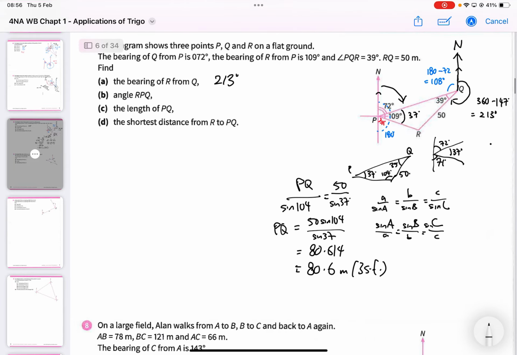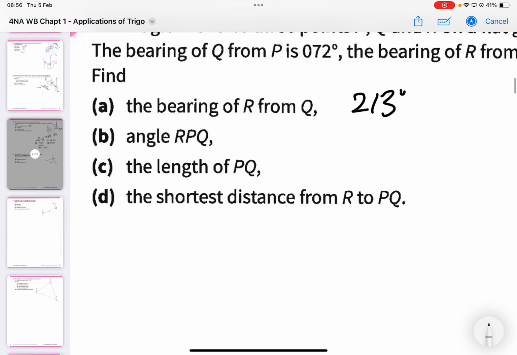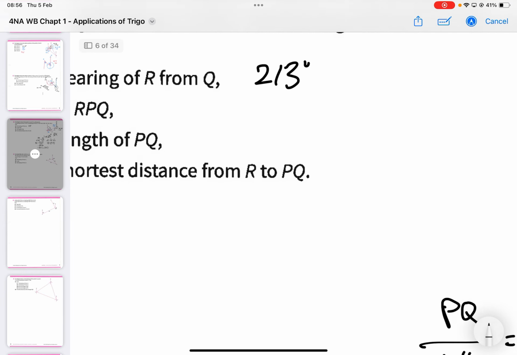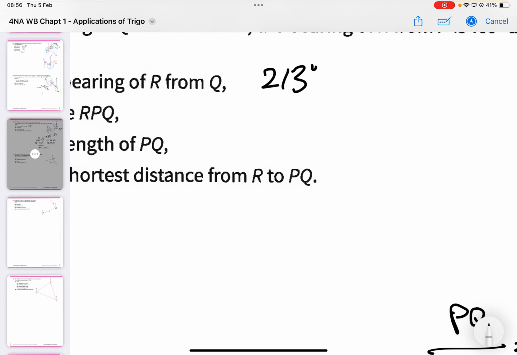Okay, shortest distance from R to PQ. Whenever we say a shortest distance from a point to a line, R is a point, only one location. PQ, P and Q, when we join P and Q together, it is a line.